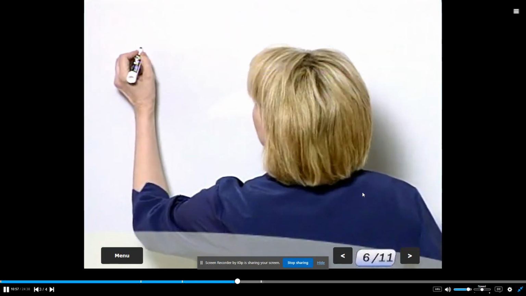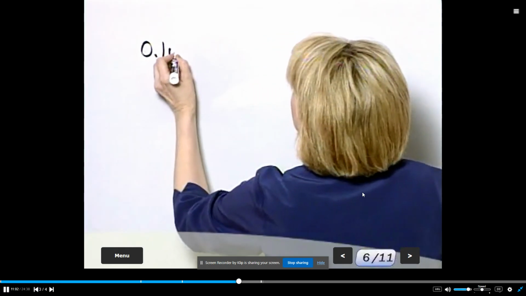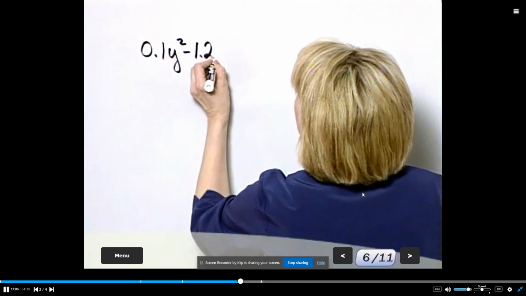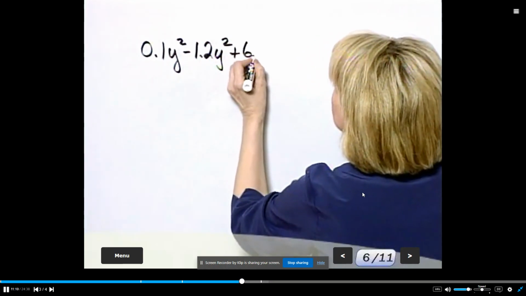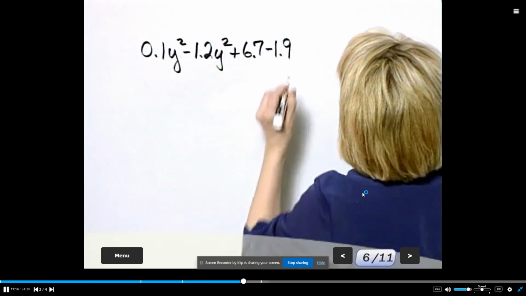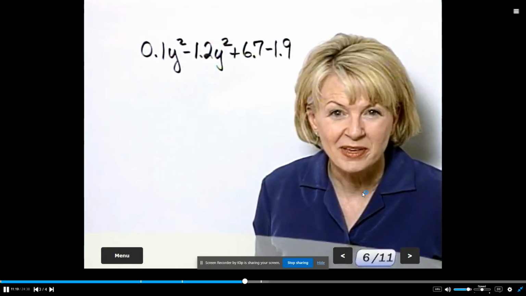Let's suppose we have 1/10 y squared, and then let's subtract 1 and 2/10 y squared plus 6 and 7/10 minus 1 and 9/10. Here is my polynomial.